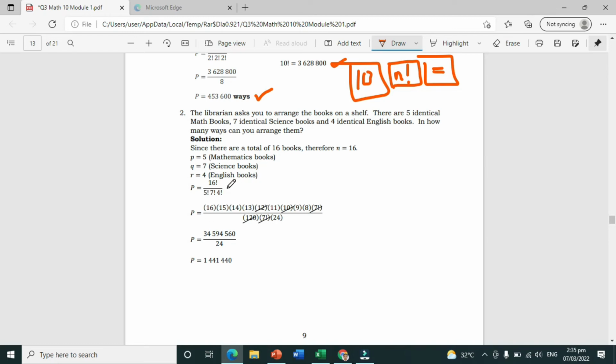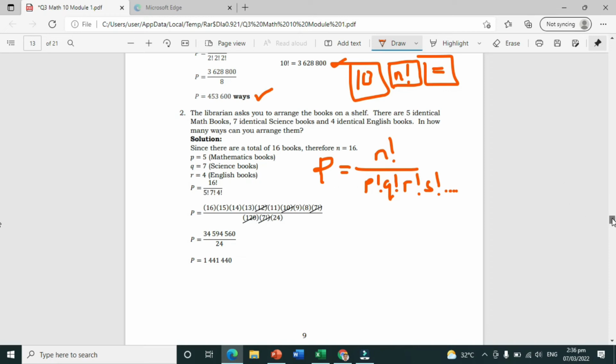So, based on this, let's go back to the formula: P equals n factorial over P factorial, Q factorial, R factorial, sometimes depending on the given, and so on. So, here, we only have three identical groups. So, 5 factorial. 5 factorial is 120. 7 factorial.